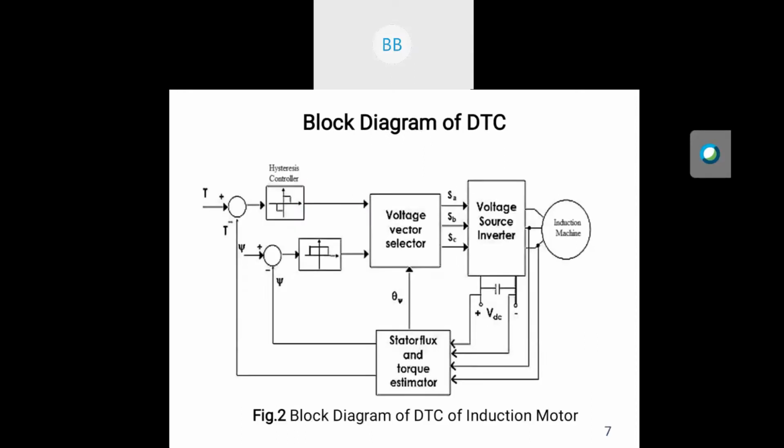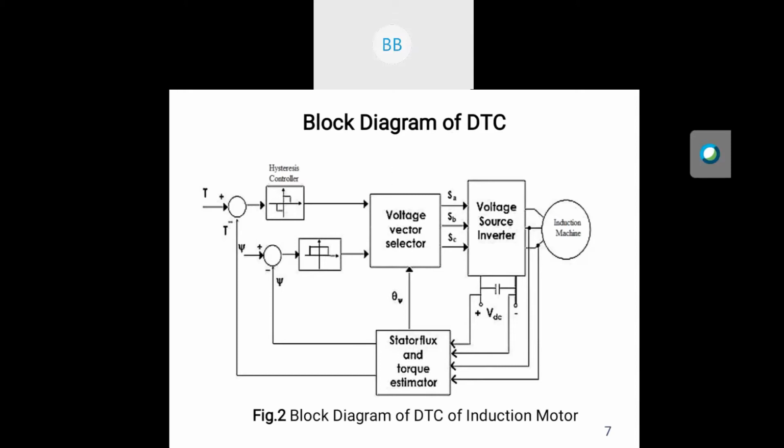So now let's move to the block diagram of DTC. Actually, the DTC scheme comprises different blocks. These are the flux calculators, torque calculators, hysteresis comparators for flux and torque, and the switching table, etc. So at first, the phase voltages and phase currents are fed to the motor model, which uses advanced mathematical algorithms to produce exact values of the stator flux and motor torque. After that, the actual torque and flux values are fed to the torque and flux comparators.